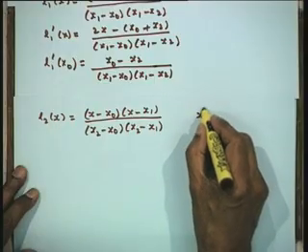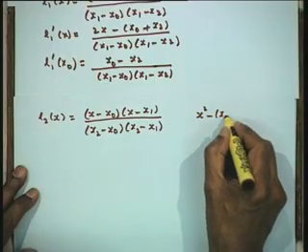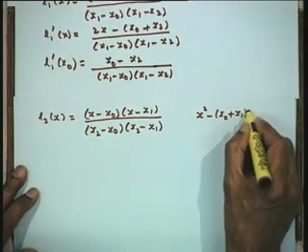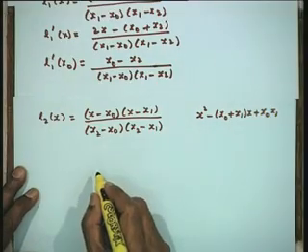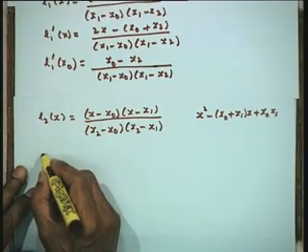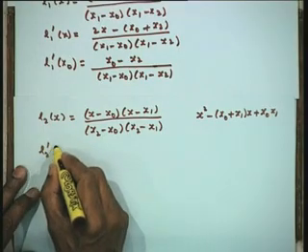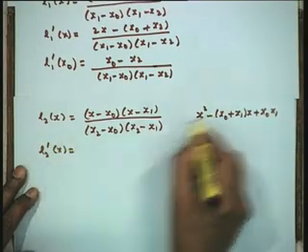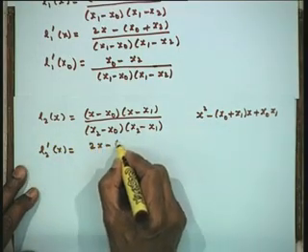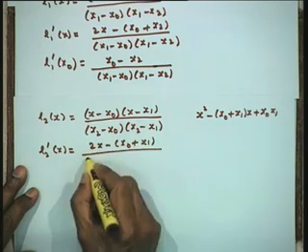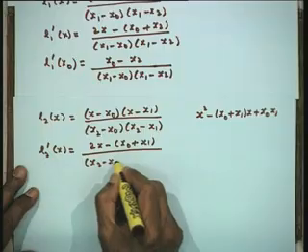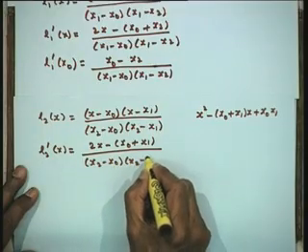The numerator is x squared minus (x0 plus x1) x plus x0 x1. Therefore, I can find the derivative. L2 dash x is the derivative of this, that is 2x minus (x0 plus x1), and the denominator is (x2 minus x0)(x2 minus x1).